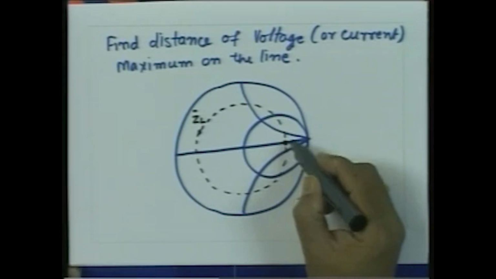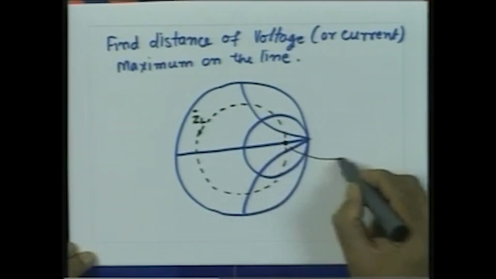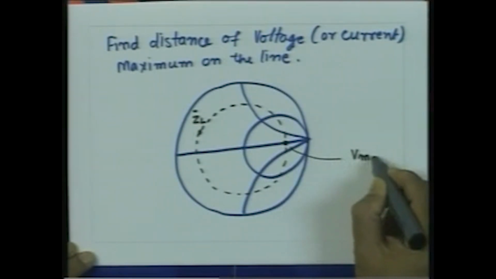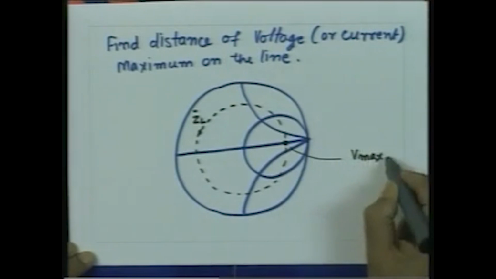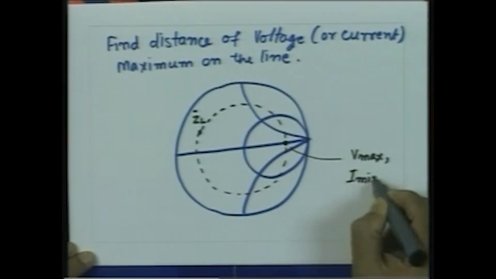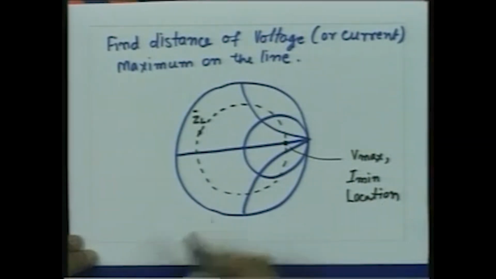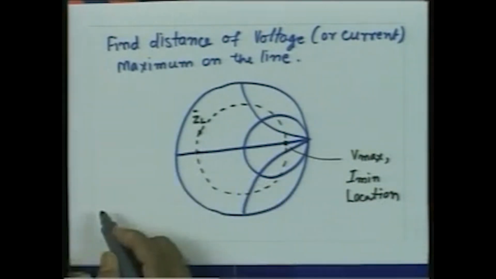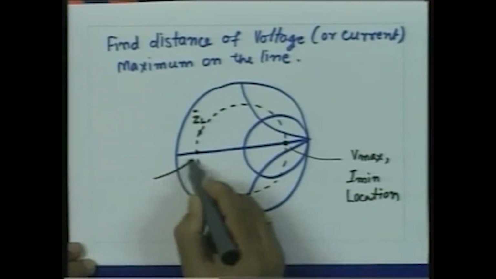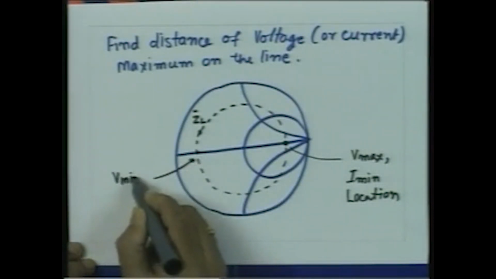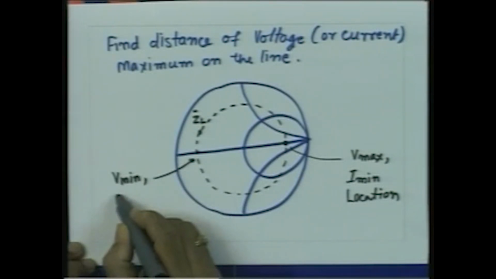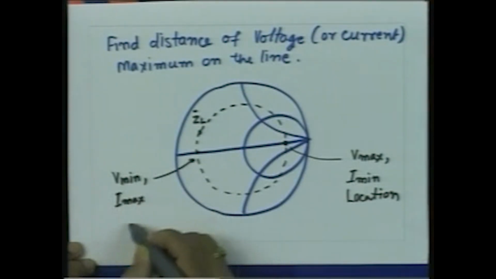That means this corresponds to a location on the transmission line where voltage is maximum or current is minimum. So, this point here now corresponds to the voltage maximum or current minimum location. Similarly, this point here, which represents the minimum resistance on the line, corresponds to voltage minimum or current maximum location.